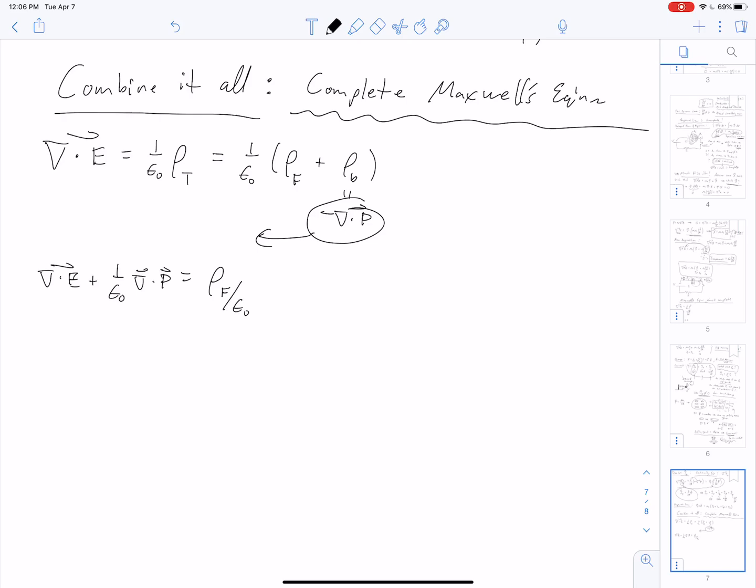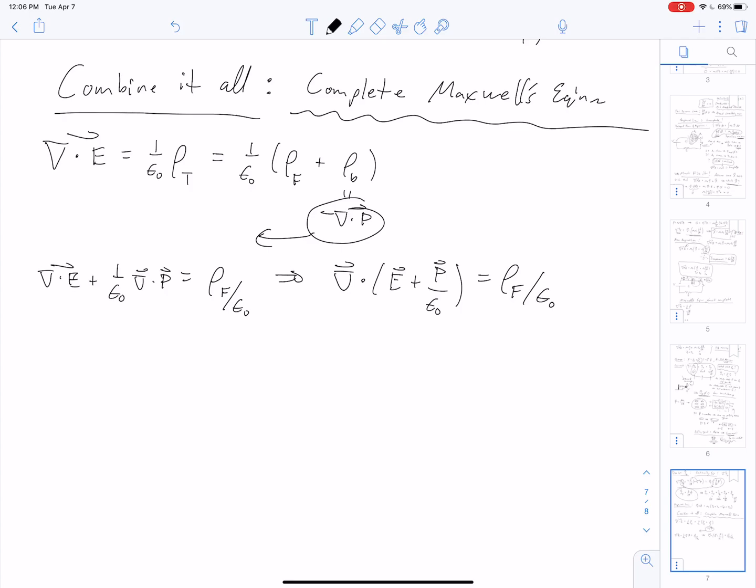And so then this leads us to del dot of E plus P over epsilon naught is equal to rho free divided by epsilon naught.